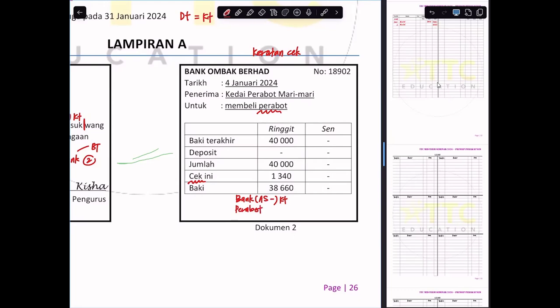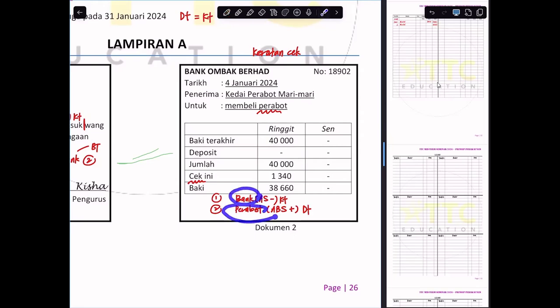And what is the classification of perabot? Just now we mentioned it is ABS, right? If we buy perabot, perabot is getting more. ABS getting more, debit or credit? ABS getting more is debit. So it's complete lah. You have first account bank, second account perabot. Then check these 2 accounts. You have bank, you have perabot.